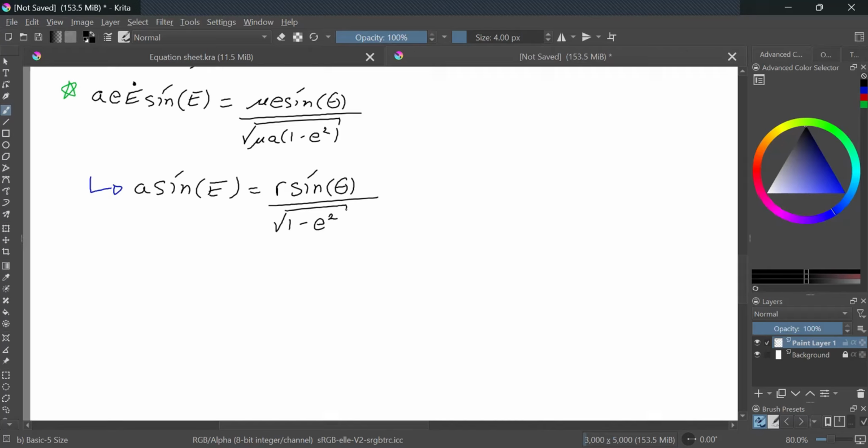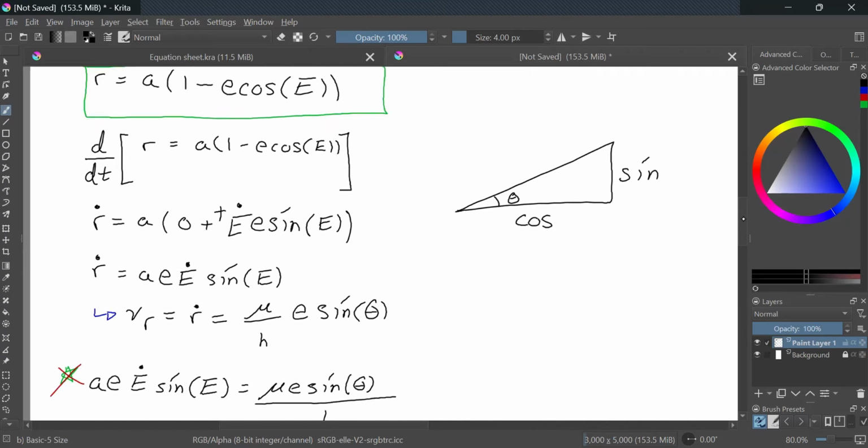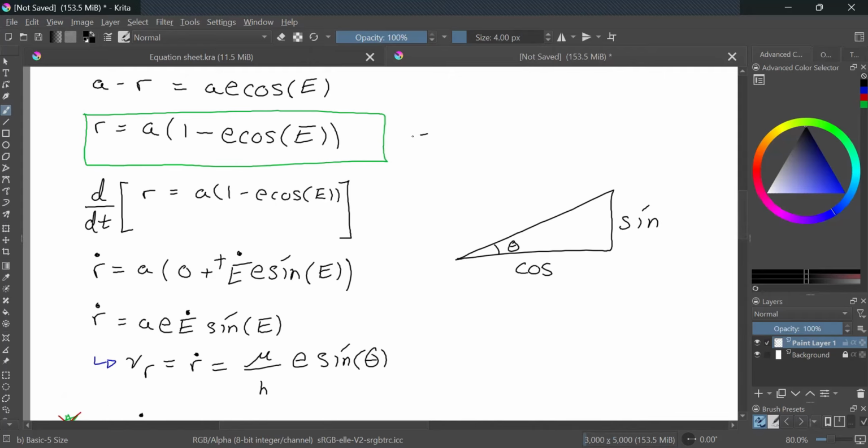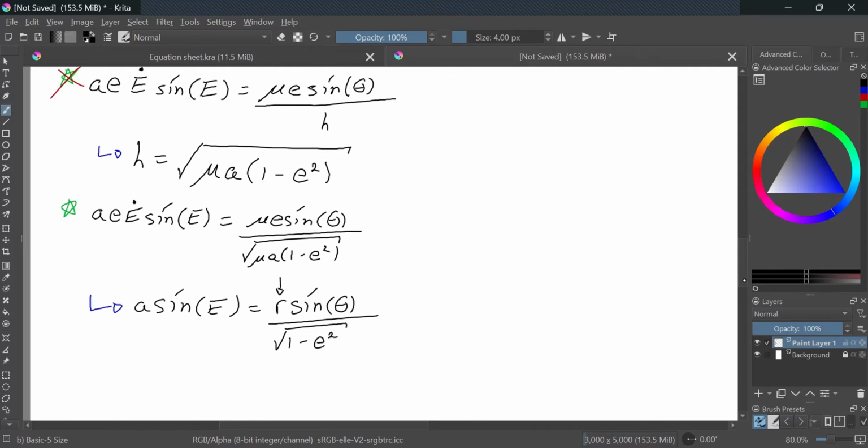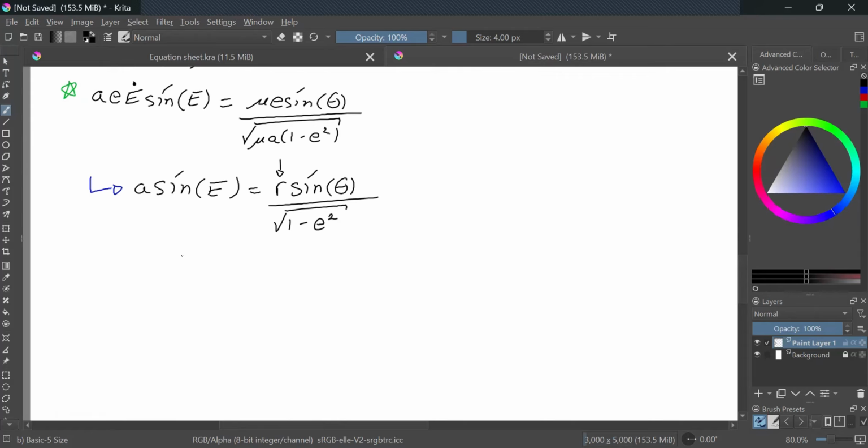And once again, it'd be nice to have things in terms of E, because theta isn't all that helpful in determining time. So we have the R equation that we just solved for, this one right here, that can replace the R down here.